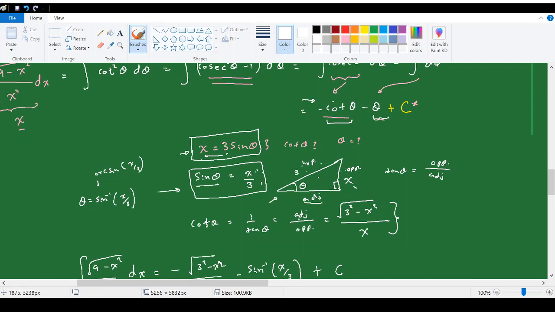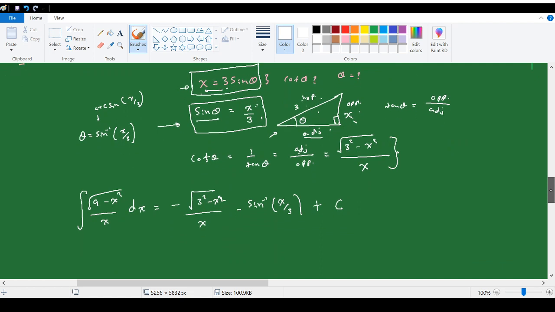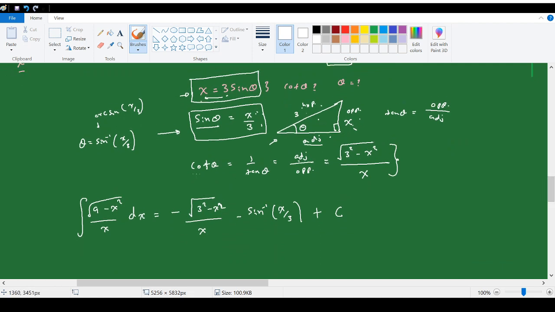So once we know all these three sides, we can write whatever the trigonometric term just by looking at this triangle. So finally we can leave our result in terms of x, and also don't forget to write this arbitrary constant.